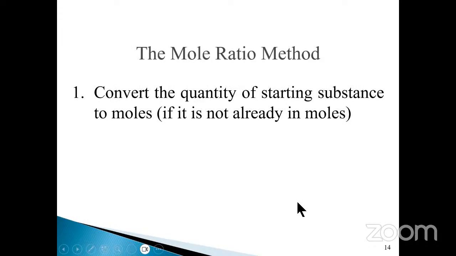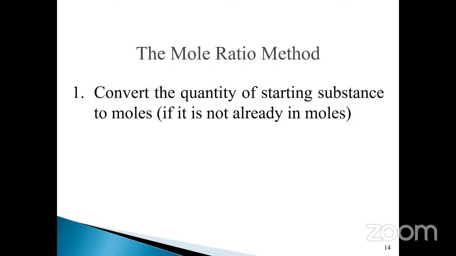So basically, the mole ratio method involved in solving these kind of problems is basically a stepwise process. The first of which is, if necessary, you convert the amount of substance into moles, right? So for example, if you're given, let's say, one substance involved in a reaction, and let's say that it's expressed or given in terms of grams, then you'd have to convert that to moles, all right?